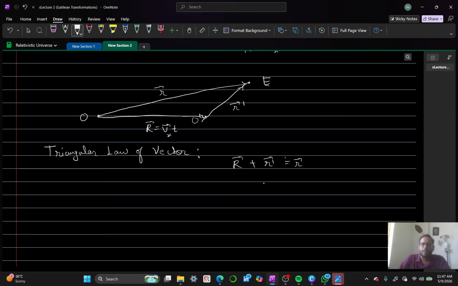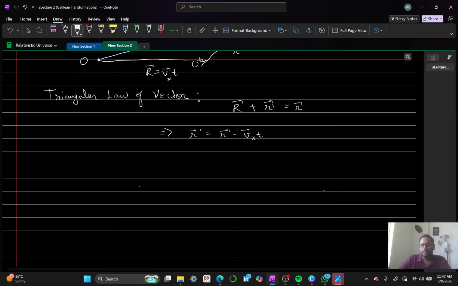So this can further be written as r prime vector equals r vector minus Vx t, because my capital R is Vx t. So this is my main equation. It's a simple equation and a main equation.